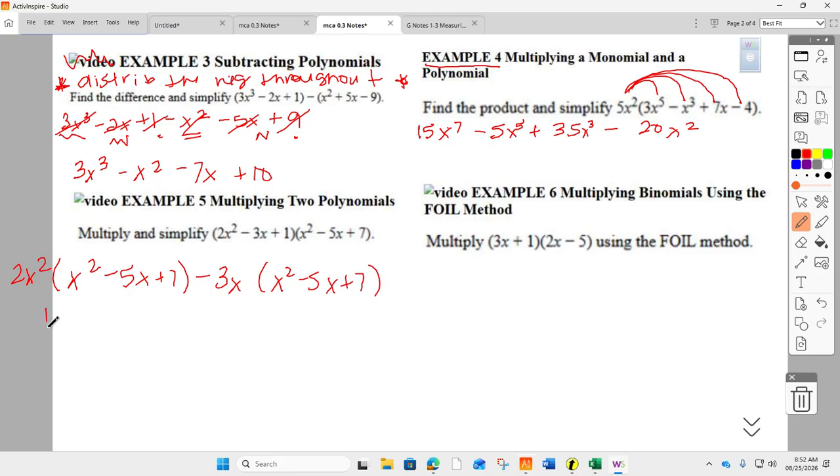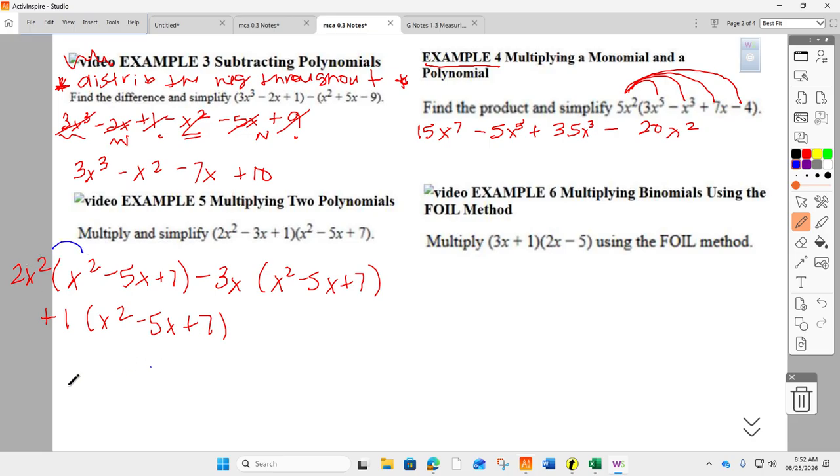I got to go down a line. So 2x squared minus 3x plus 1 and x squared minus 5x plus 7 3 times. And then we're going to do exactly what we did in example 4, but we're going to do it 3 times. Lots of opportunities for me to mess it up.